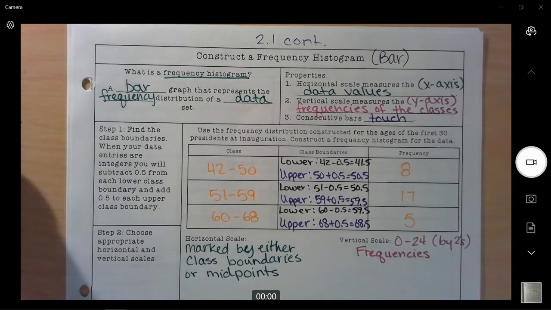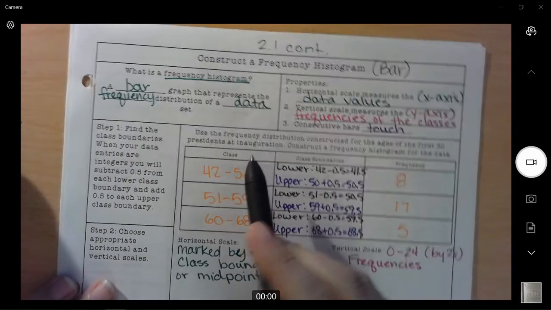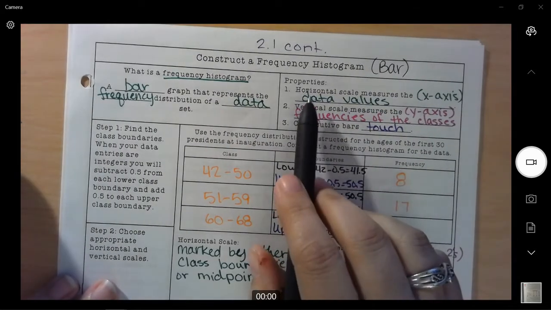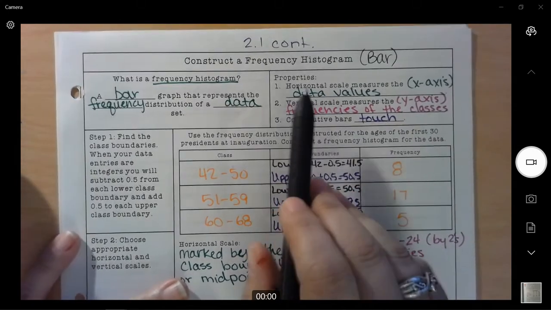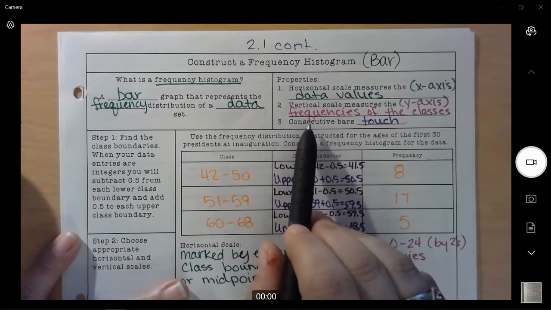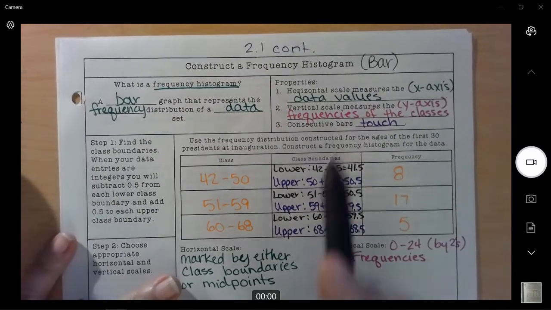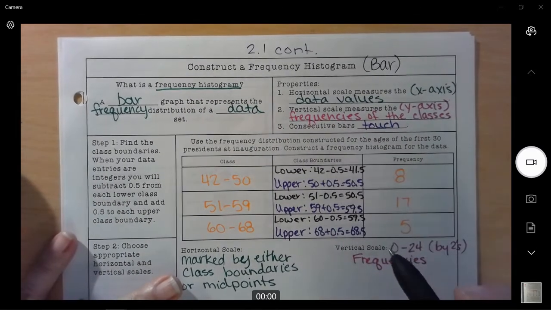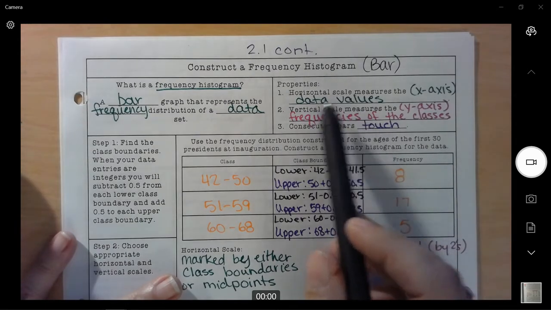It's a bar graph that represents the frequency distributions of the data. And it is really important that we make sure that we label our graphs correctly. So when you're doing assignments, for the AP students, when you're creating these, you need to make sure to do your labels properly because that's important for the test.